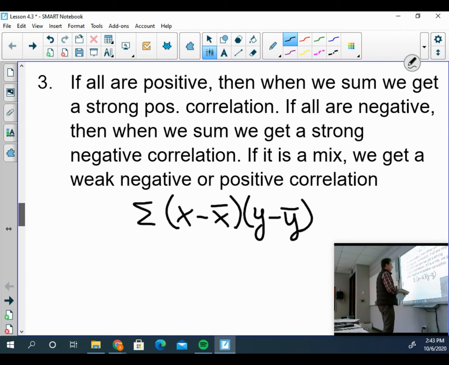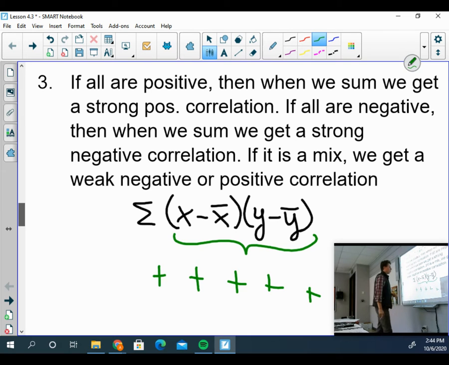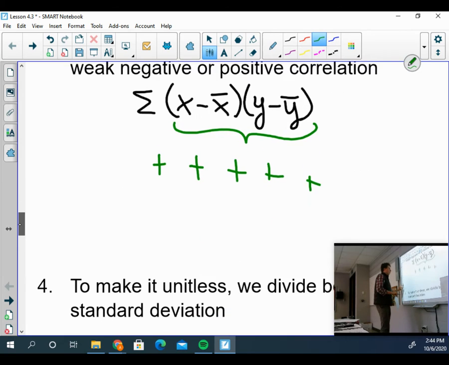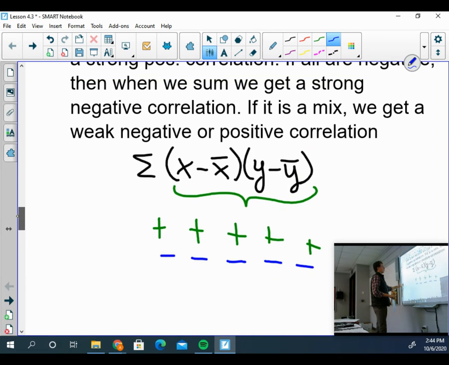If I get a really big positive number, that's going to be a strong positive correlation. Because if I do this multiplication that I'm underlining in green, as I showed you above, and I do that 5 times and I get all positives, it's going to be a pretty strong positive correlation. If I do the same thing and I get a ton of negatives, lots of highs and lows mixed together, then I'm going to have a strong negative correlation.